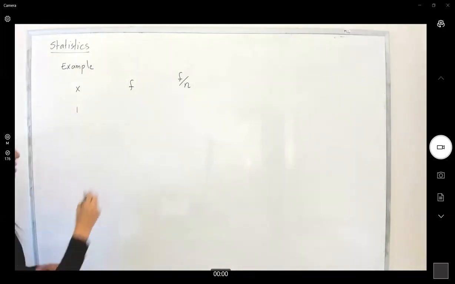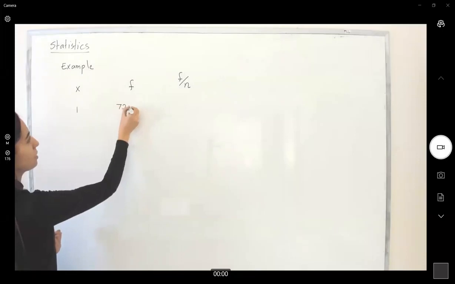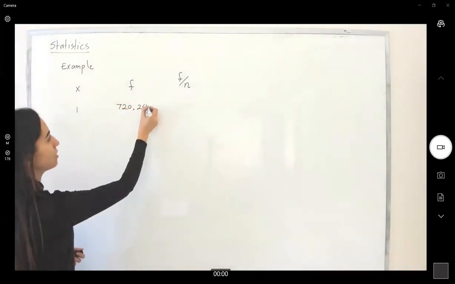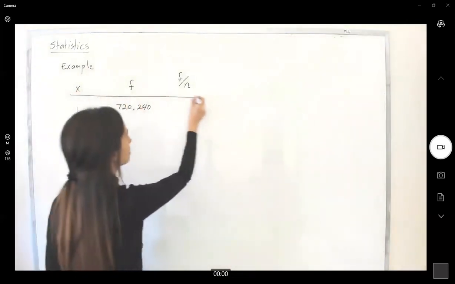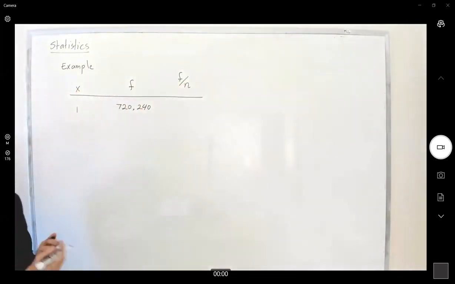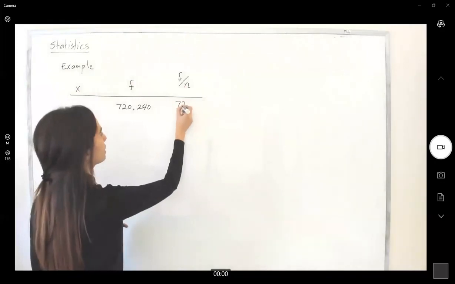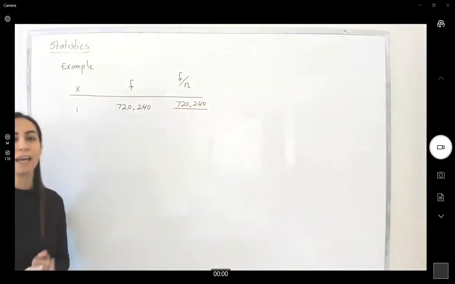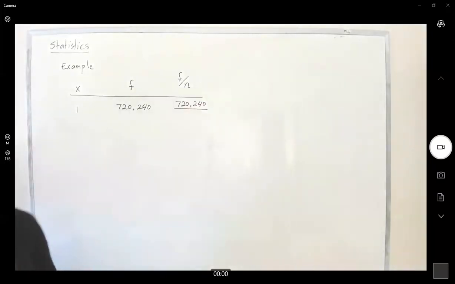Its frequency is 720,240. Well, the relative frequency is 720,240 divided by N. What is N? N is equal to 2,098,267.